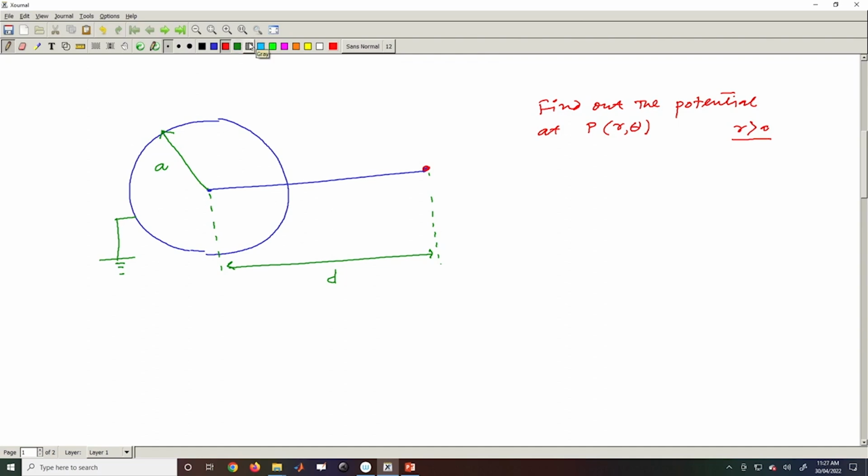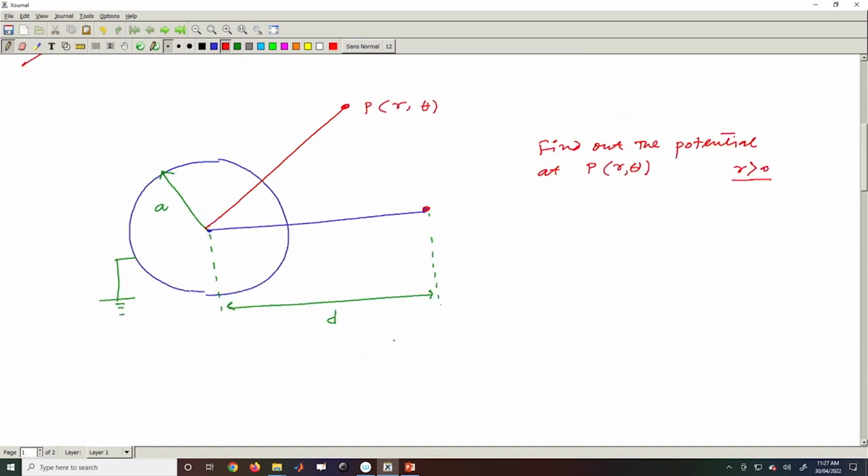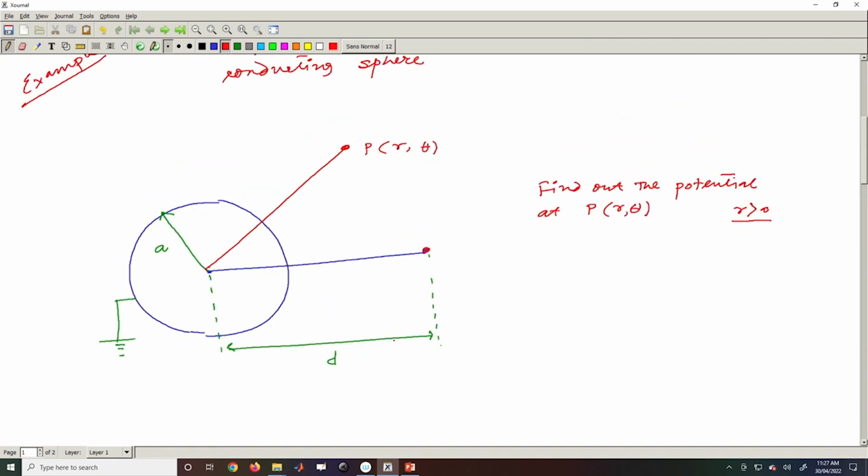Let us draw that point P. Suppose this point here is my P, which is a function of r and theta, and I want to find the potential at that point P. As we discussed the problem before last day, the potential here is partly due to the point charge placed here, say plus q.